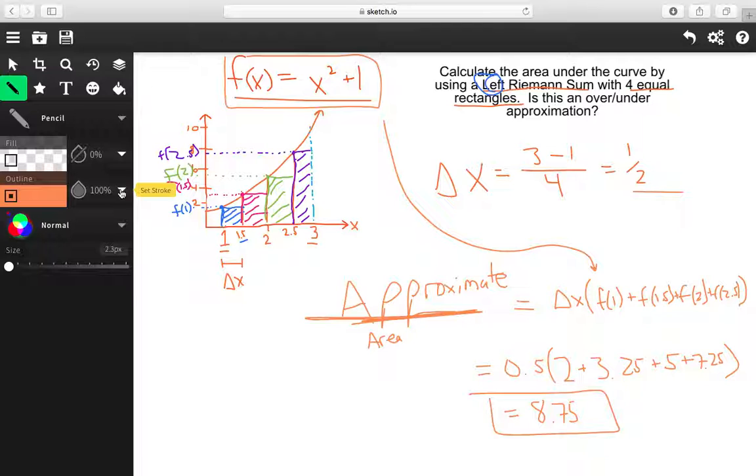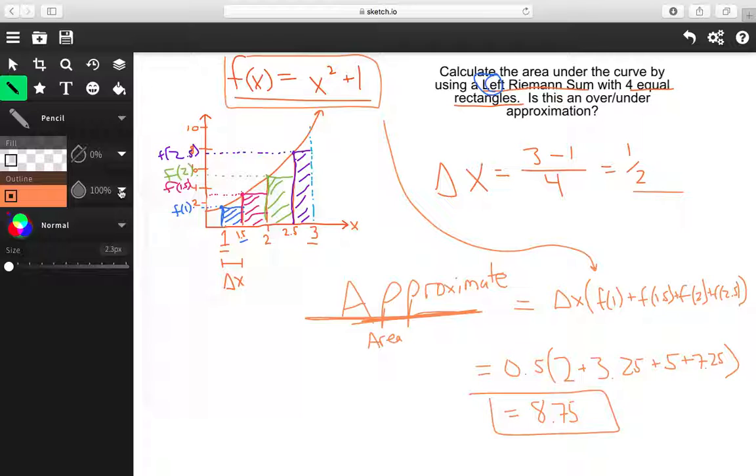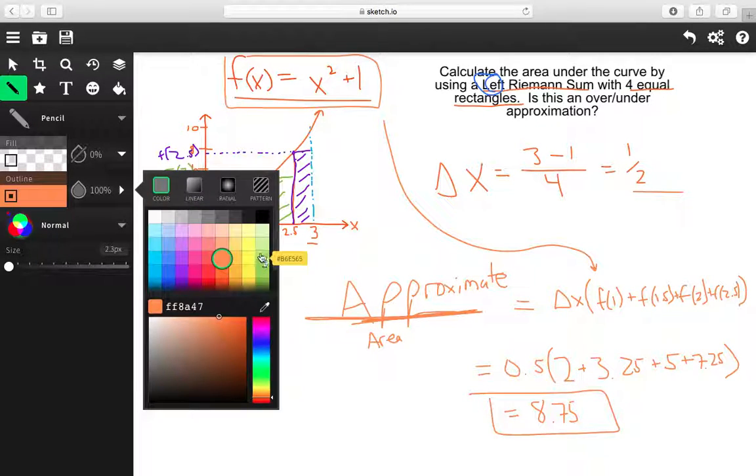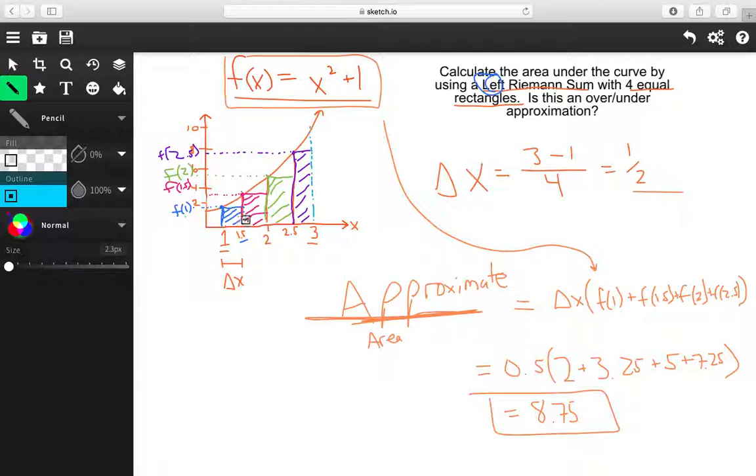Now another question that they will 100% give you on the AP test is: is this an overestimate or an underestimate? By looking at the graph, I'm going to pick a different color. You can see that from 1 to 1.5, we're losing all of this area. From 1.5 to 2, we're losing all of this area. From 2 to 2.5, we're losing all of this.